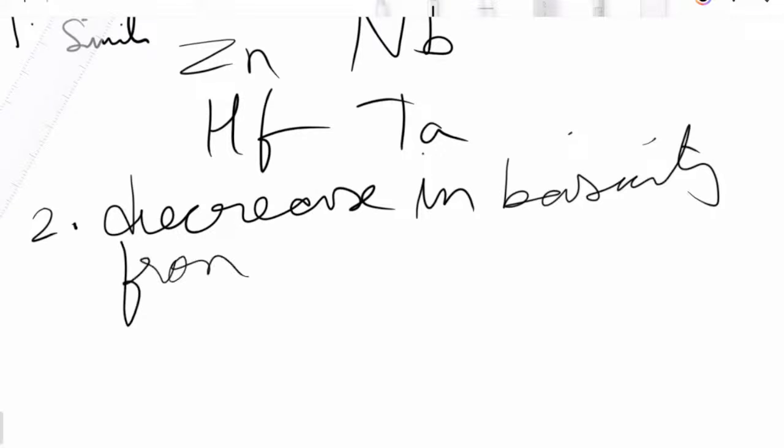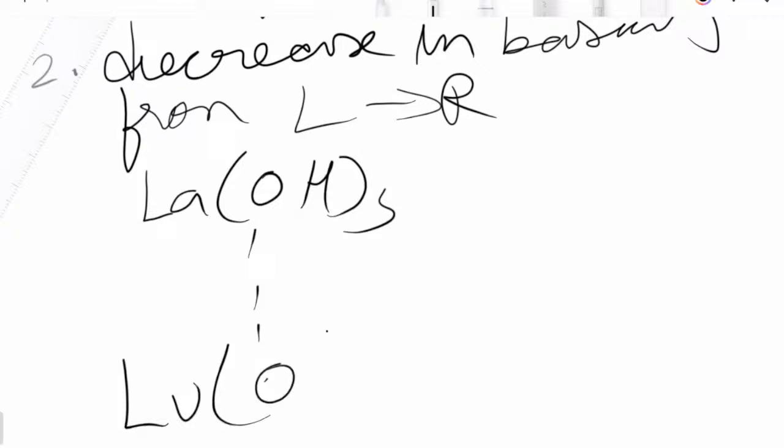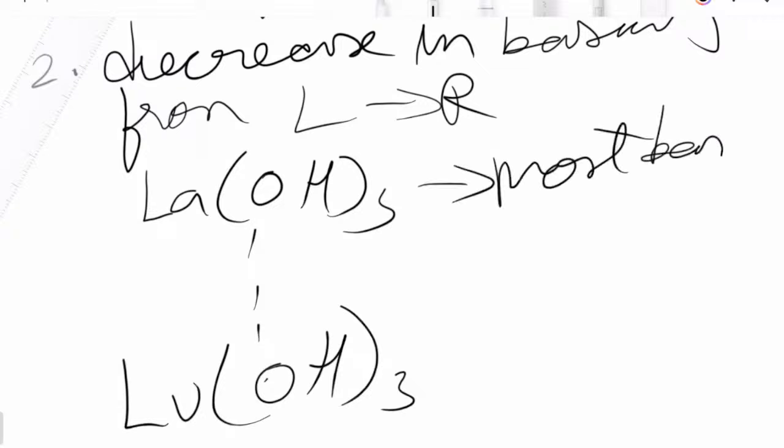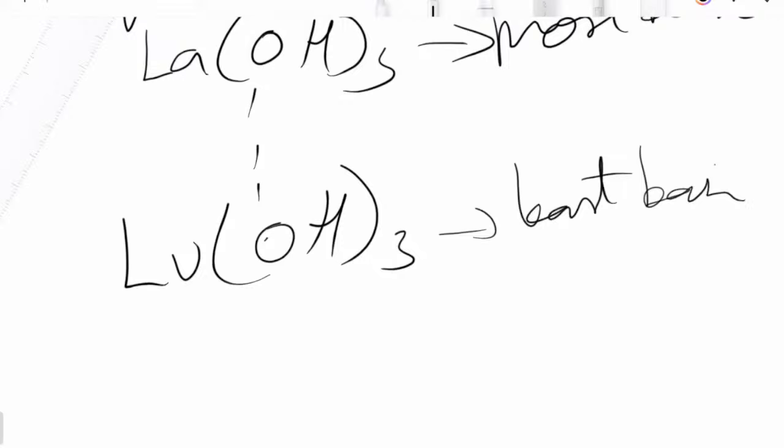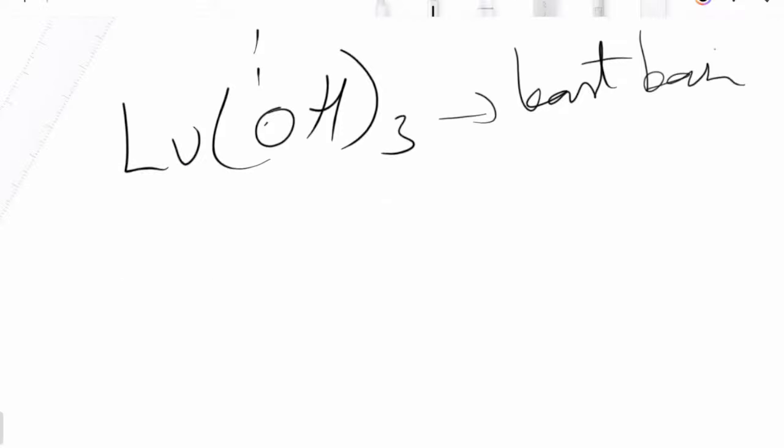Let me give you an example: La(OH)3 to Lu(OH)3. La(OH)3 is the most basic and Lu(OH)3 is the least basic. So you can consider this as one of the consequences of the lanthanoid series.